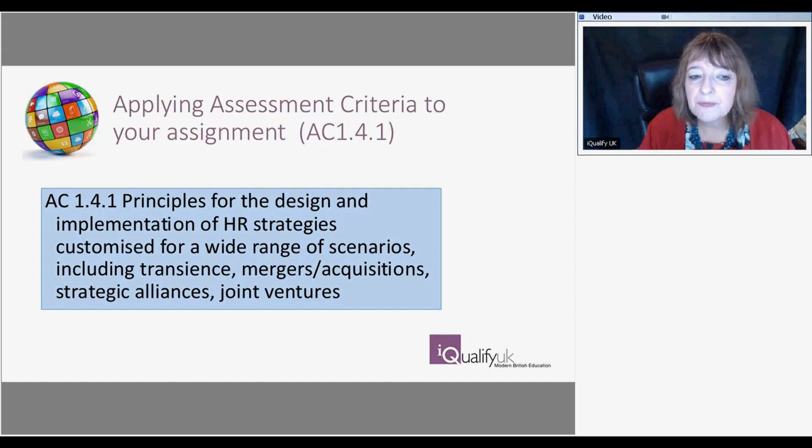So, principles for the design and implementation of HR strategies customised for a wide range of scenarios, including transients, mergers and acquisitions, strategic alliances and joint ventures. So transients means going through a period of transition and change.